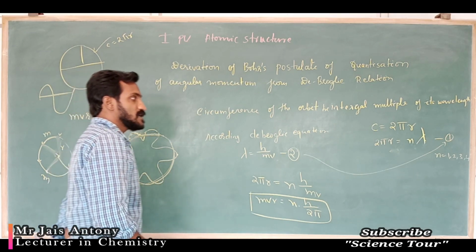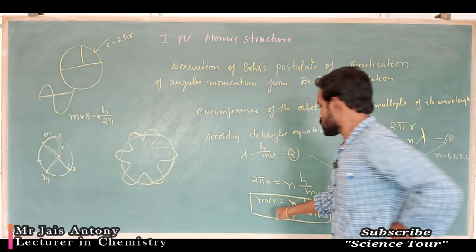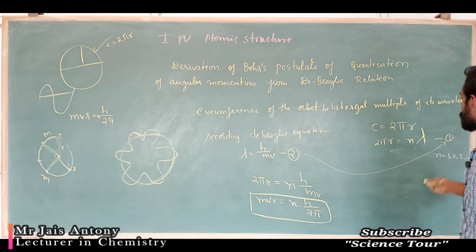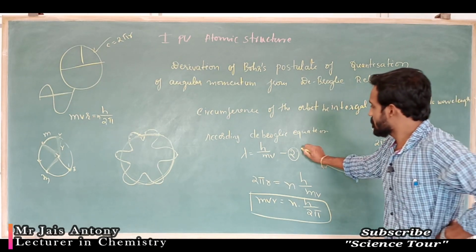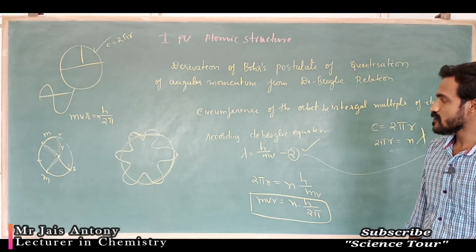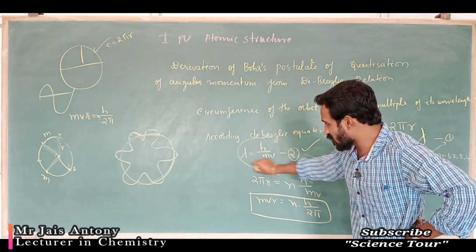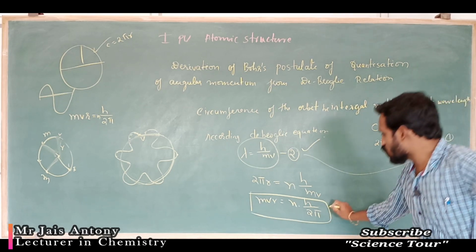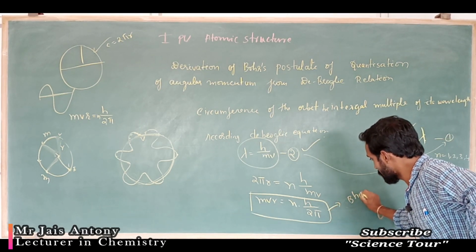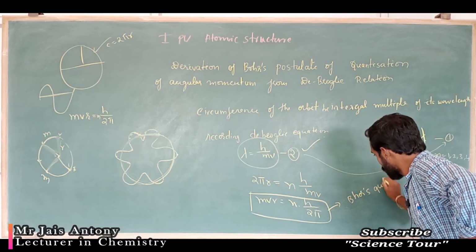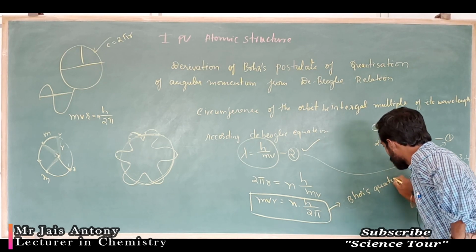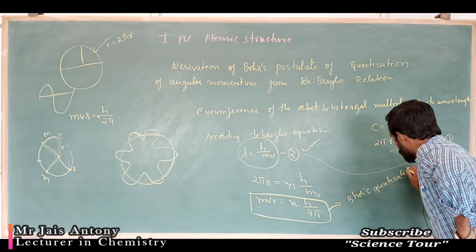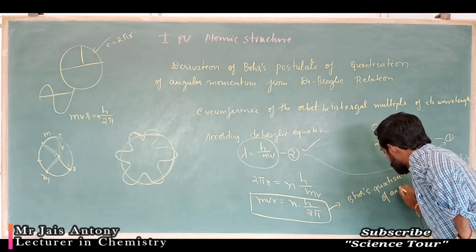Understood? De Broglie relation gives Bohr's. Using this de Broglie equation, what we derived is Bohr's quantization of angular momentum.